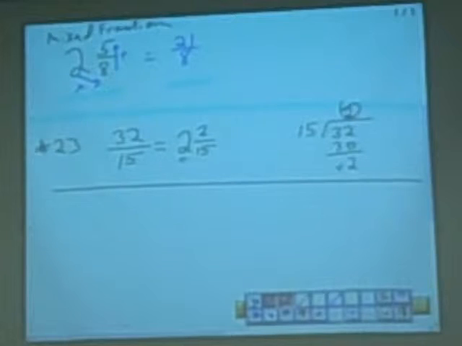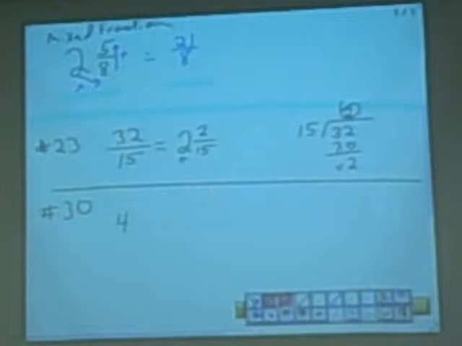Okay, here, this next one, number 30, we want to write this mixed fraction as an improper fraction, rather.